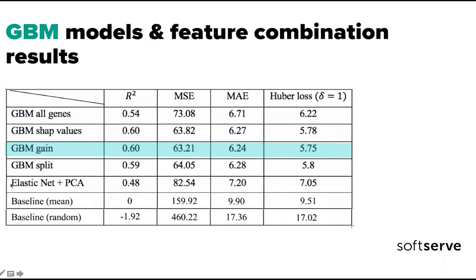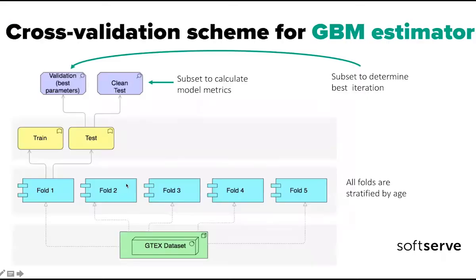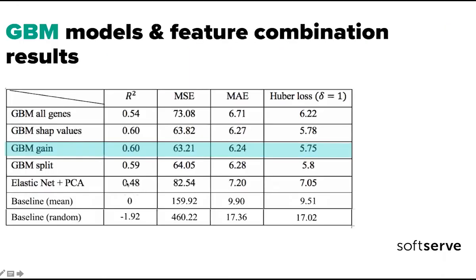We also can see our linear model here and what was its accuracy. And we also have just a baseline model based on the mean of the ages and a random model which would assign the age interval randomly, and we can see their performance, which is really bad.